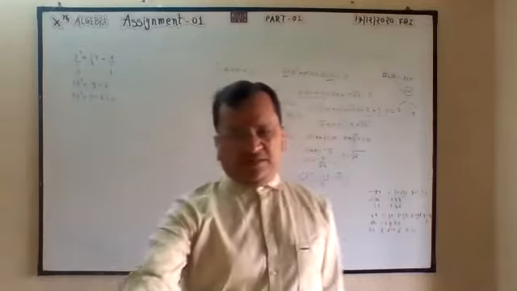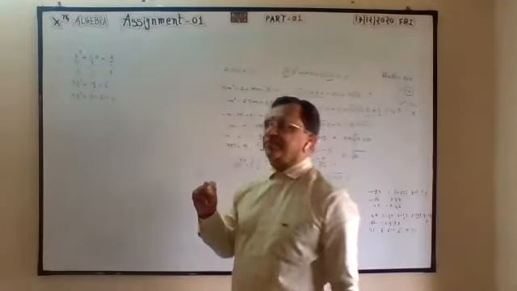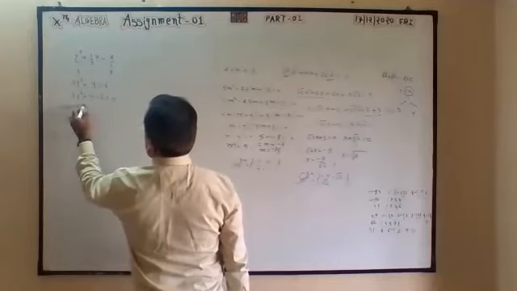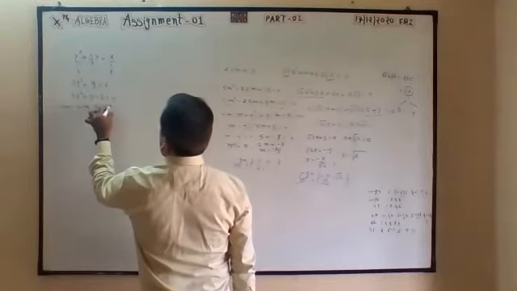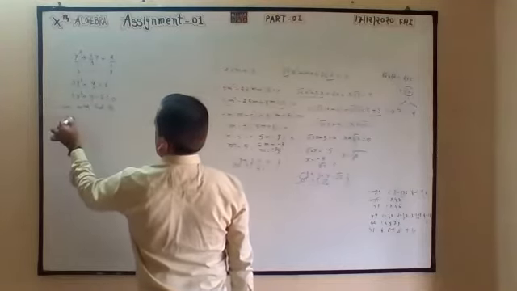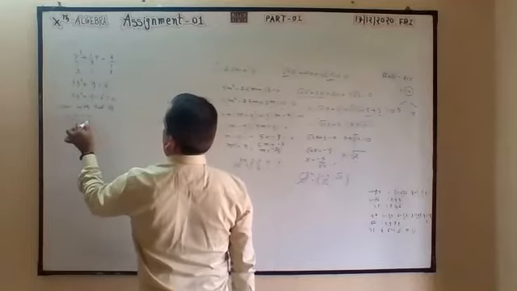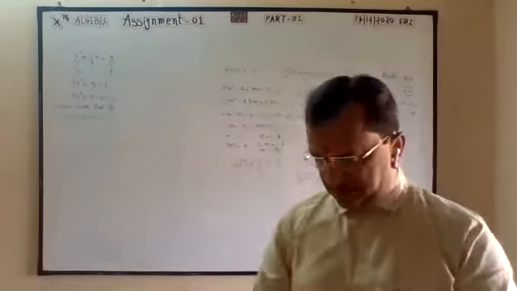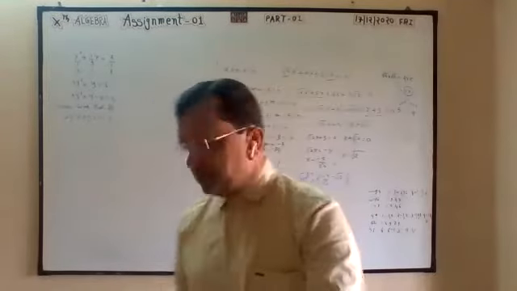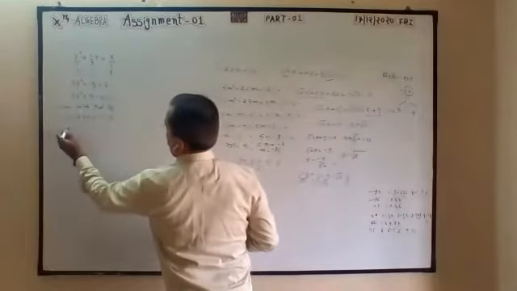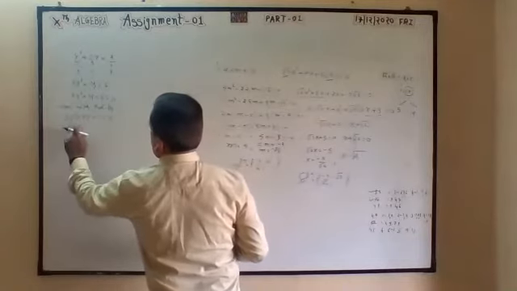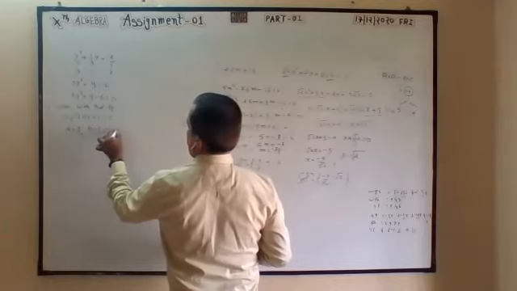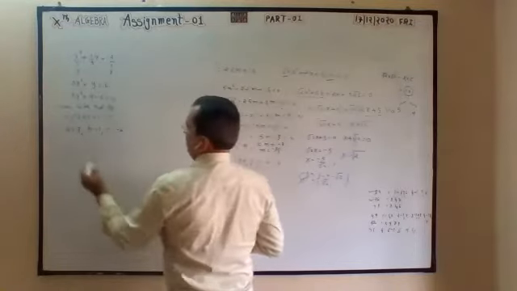Now you have to compare with the quadratic equation ay square plus by plus c is equal to 0. Then a is equal to 3, b is equal to 1, c is equal to minus 6.